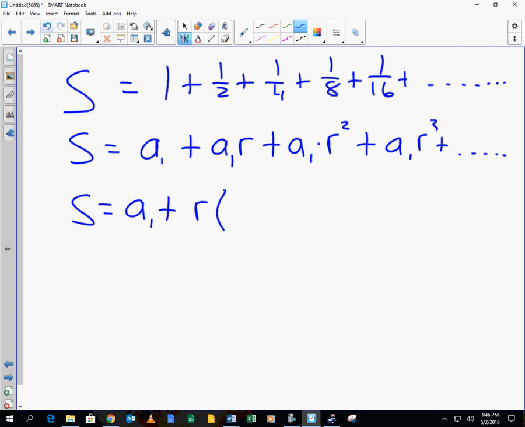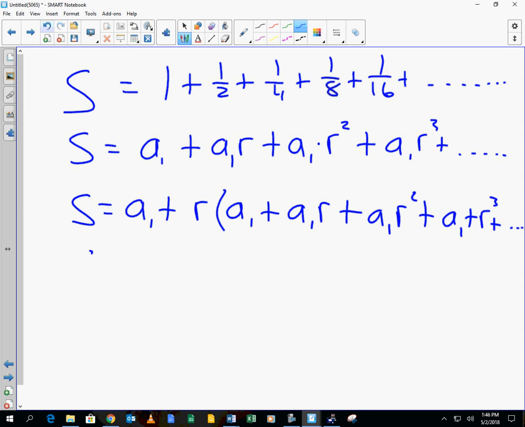If I factor out R, what's left here? A sub 1 plus, what's left here? R. What's left here? And then what would be next? Be a sub 1 plus R, right?